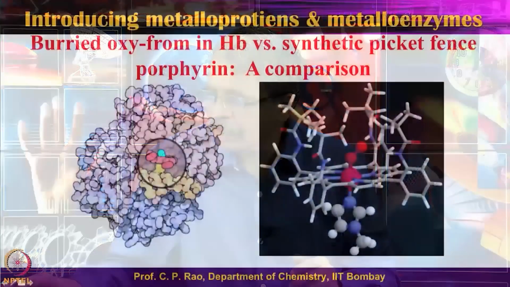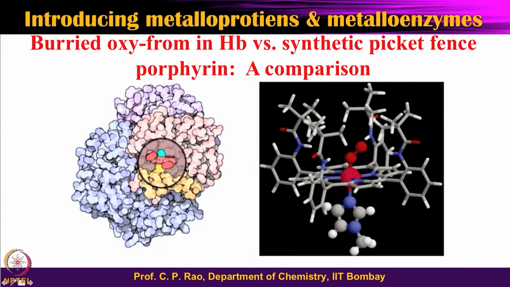So, there is a huge number of different developments in the synthetic porphyrin, synthetic heme chemistry, but we cannot go into all of them. I just brought to your notice that the synthetic chemists are smart, and they have tried to mimic this because it protects this one.